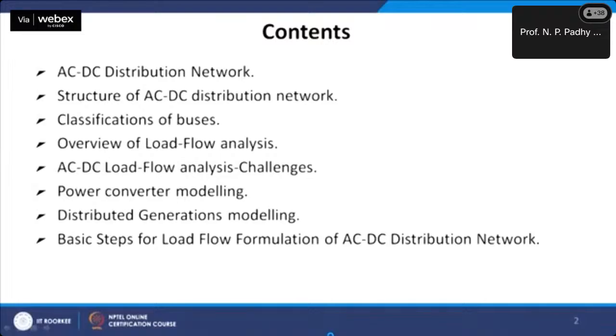Now, first of all, we will just cover this portion with different steps like AC-DC distribution network, structure of AC-DC distribution network, classification of buses, overview of load flow analysis, AC-DC load flow analysis and the challenges, power converter modeling, distributed generator modeling, and basic steps for formulating AC-DC load flow.